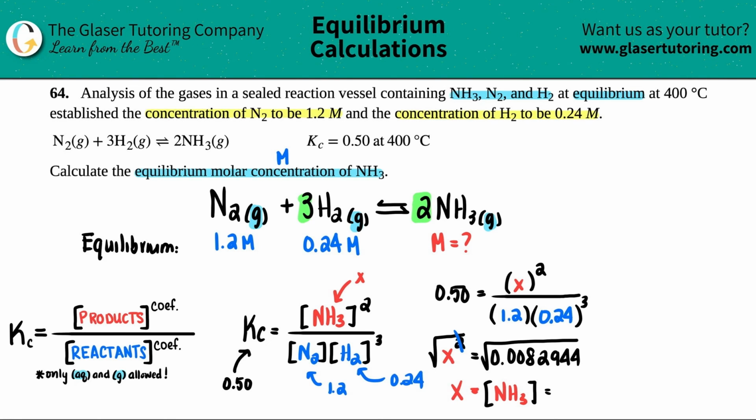I'm just going to take the square root of the number. And let's see, it looks like I need 2 sig figs. Every number has 2 sig figs. Do we really care? No, but just to have it there. 0.091. The unit for molarity is capital M. So you are done. They wanted the molarity of NH3. You got it, 0.091. So NH3 would be 0.091 molarity at equilibrium.